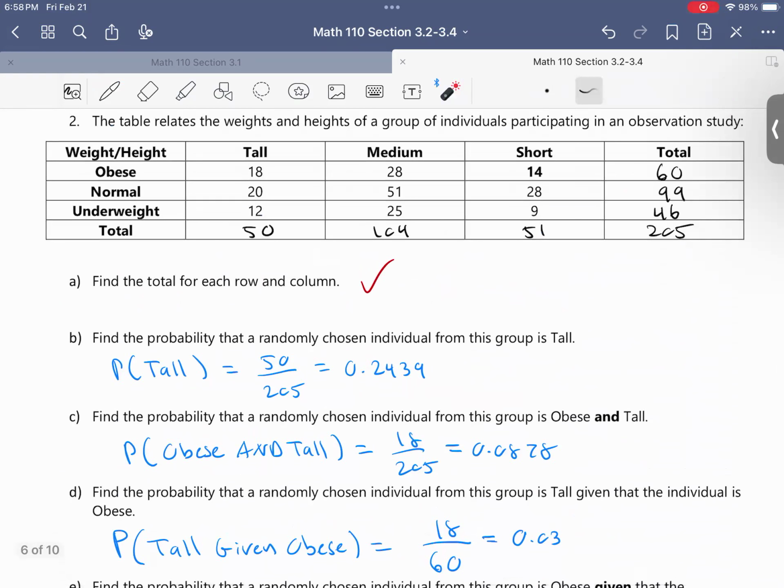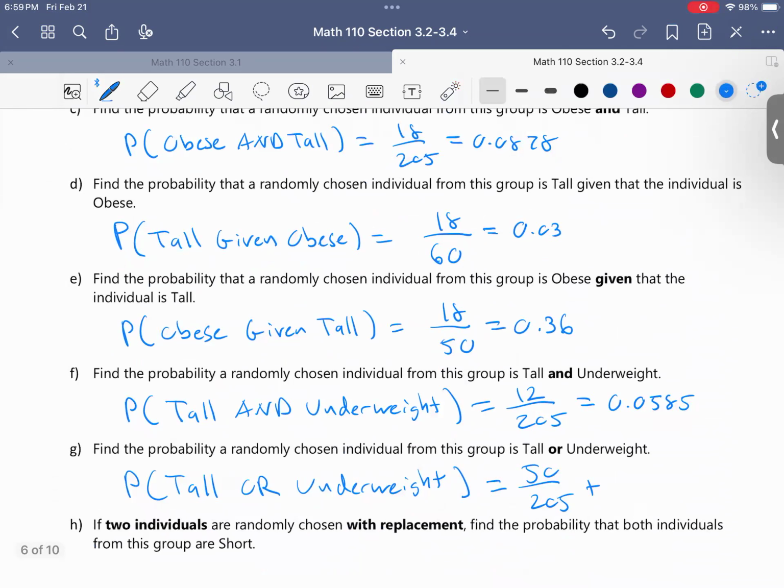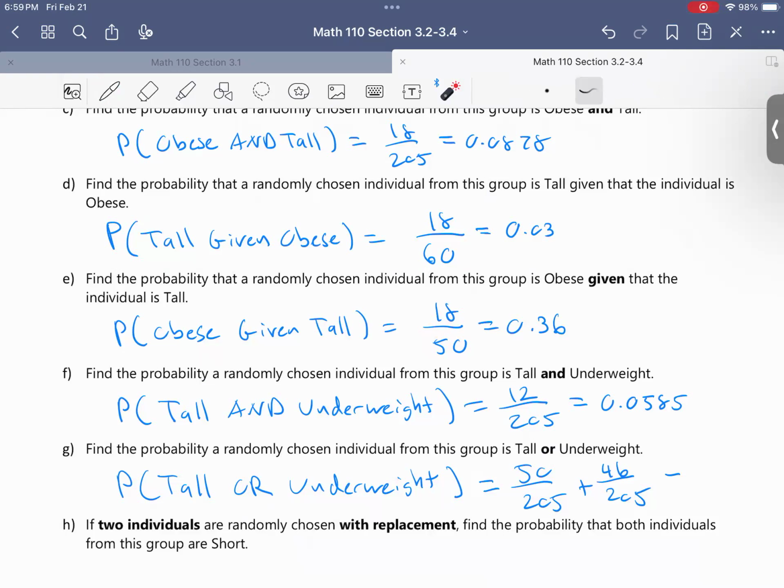And so underweight is 46 out of 205. And we want to subtract any overlap. And that overlap we found in the previous problem was 12 over 205. So minus 12 over 205.